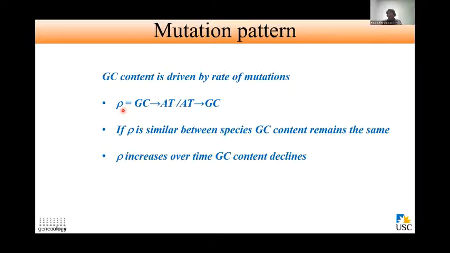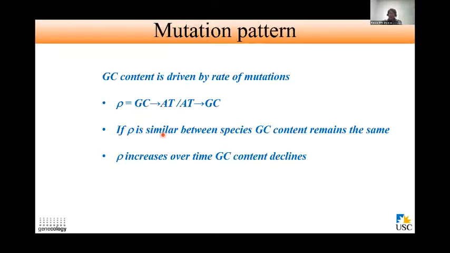If this ratio is similar for different species, then the GC content will remain the same for all species. But if rho increases over time, this will result in GC decline, because there will be more GCs changing to AT, so the overall GC content will decline.